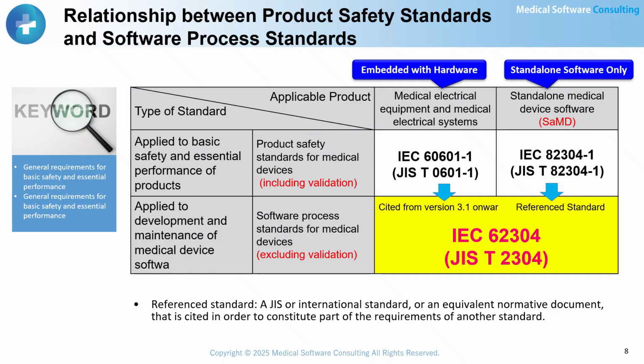However, as of 2025, no regulatory authority has yet required proof of compliance with IEC 82304-1 specifically for SAMD. That said, compliance with IEC 62304 is always required for SAMD.